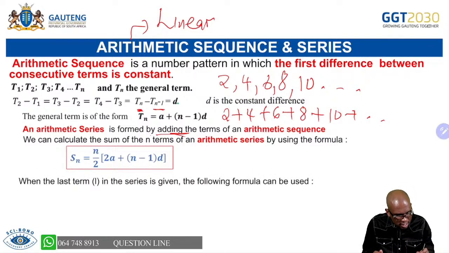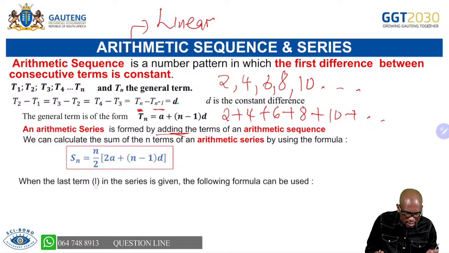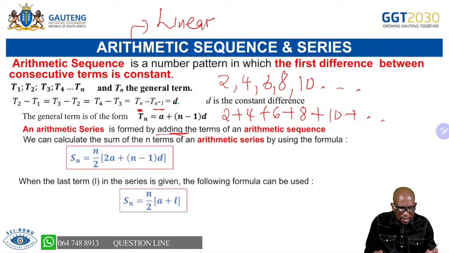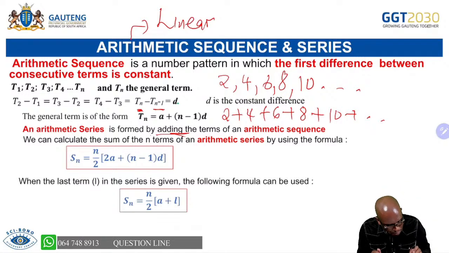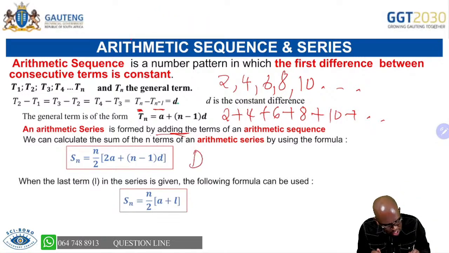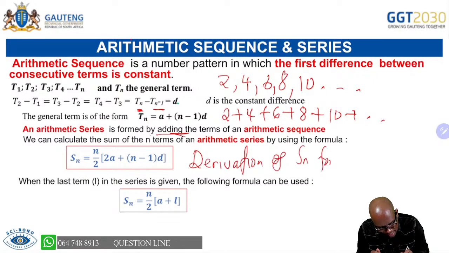And if the last term, L, in the series is given, then the formula can have a variation: Sn is n over 2 into (a plus L). Remember, the derivation of the Sn formula is examinable.